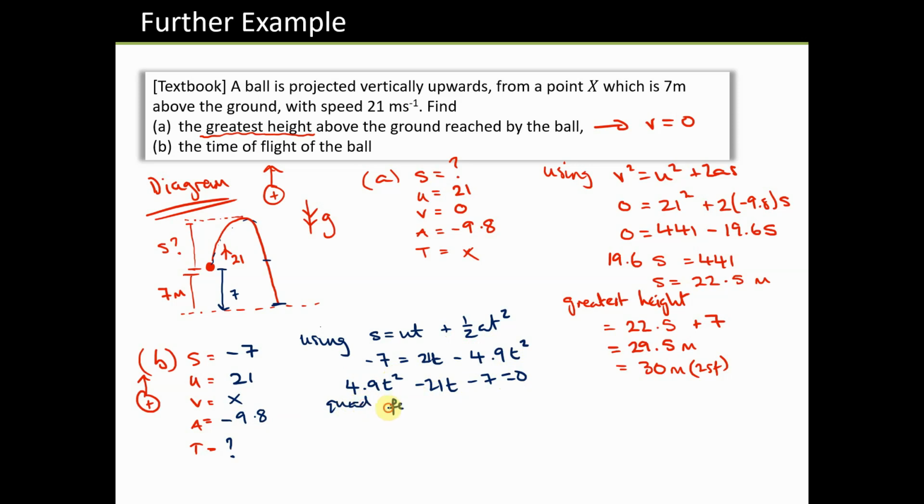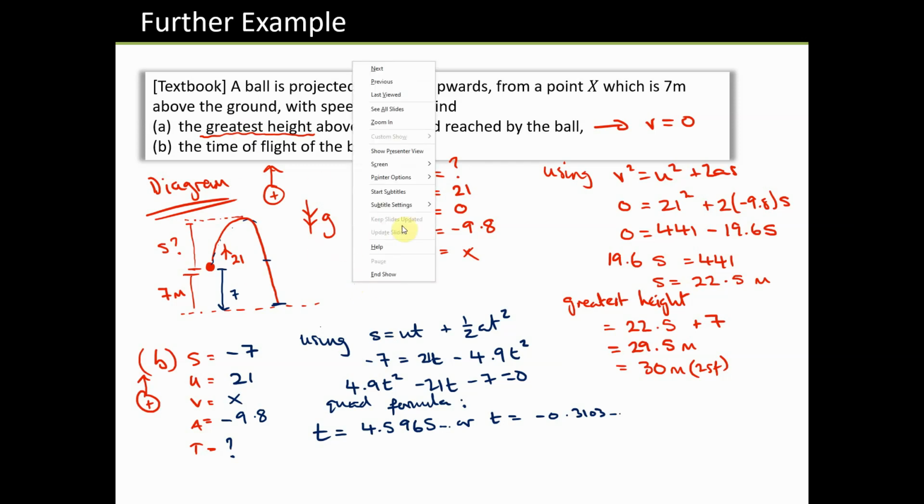And if you've got one of them fancy calculators, go ahead and chuck this into your equation solver with 4.9 as the value of a, minus 21 as the value of b, and minus 7 as the value of c. It'll do it for you. So here I'm going to get two values. I'm going to get 4.5965 seconds, or minus 0.3103.